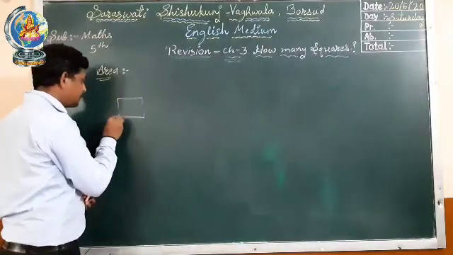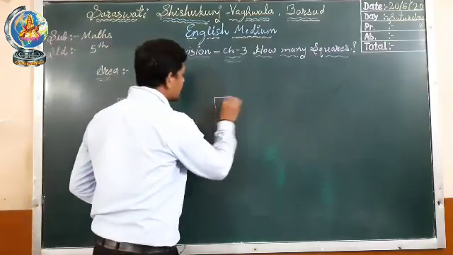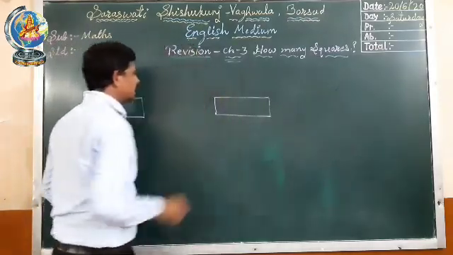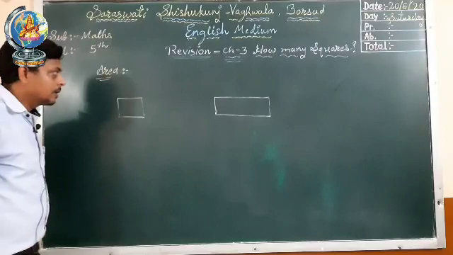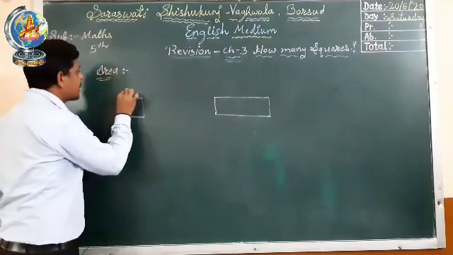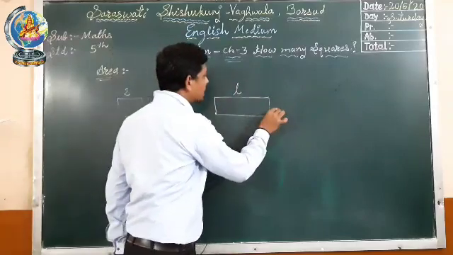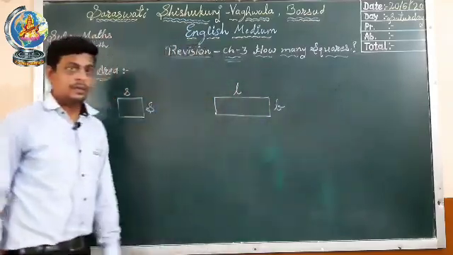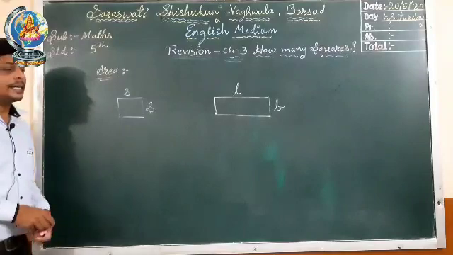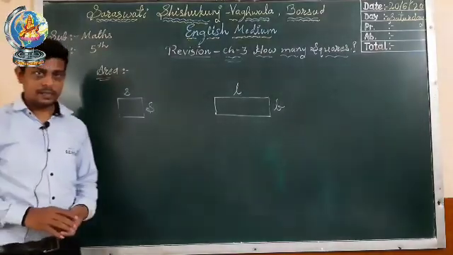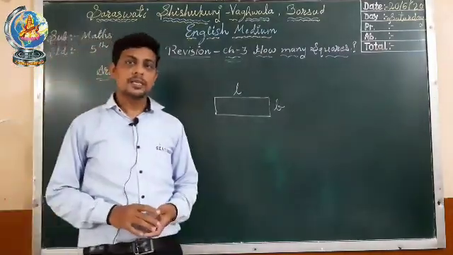This is square and this is rectangle. This is side and side, length and breadth. Area we find in unit squares.